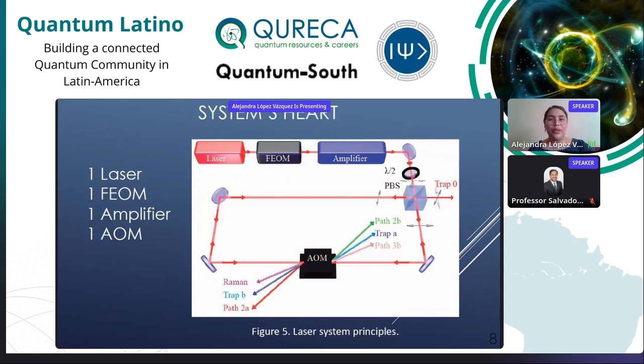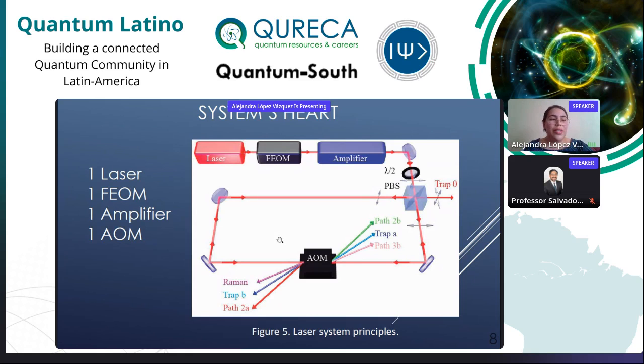Entonces, voy a hablar un poquito sobre el corazón del módulo óptico, porque yo siento que esta es la parte más importante y la parte más bonita de nuestro sistema láser, en el cual, como ya he mencionado, recibe un único láser o haz láser, el cual pasa después por un único modulador electroóptico, que es este de aquí, el cual nos da múltiples frecuencias en el rango de los gigahertz, y después pasa por un único amplificador que nos da la potencia necesaria para los experimentos y por último pasa por un modulador acústico, el cual nos permite dividir espacialmente cada una de las frecuencias que nos generó el modulador electroóptico.